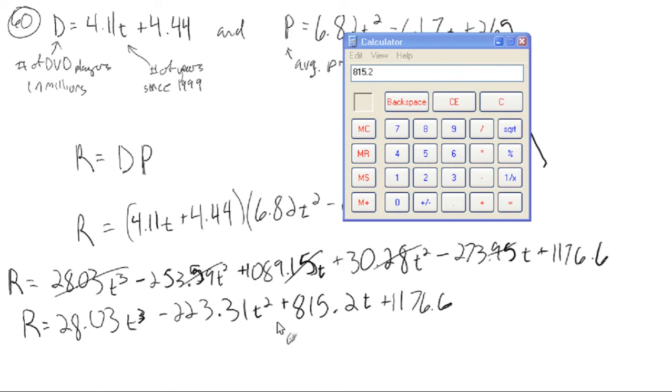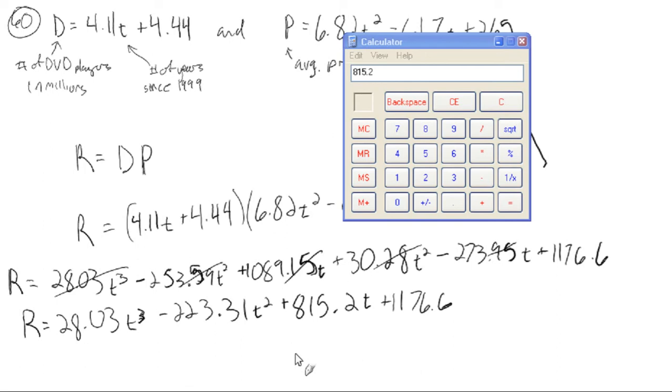And they want to know in 2002 how much was made on DVD players. So how does 2002 translate into t? Well, it's years since 1999, and 2002 is 3 years since 1999. And so, there we go.